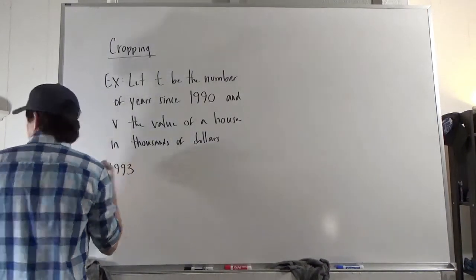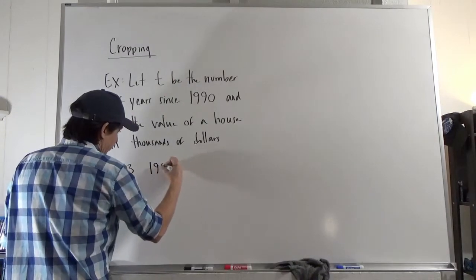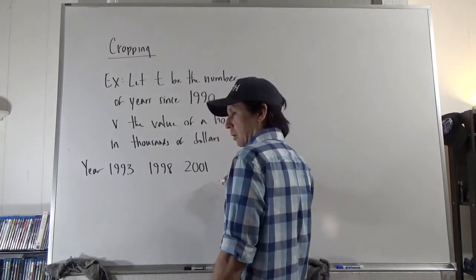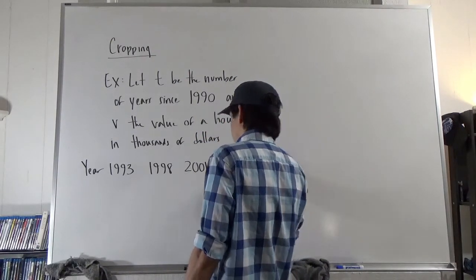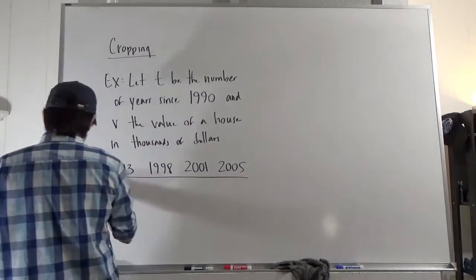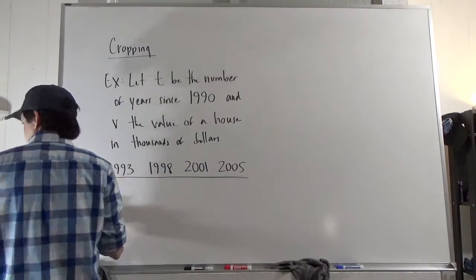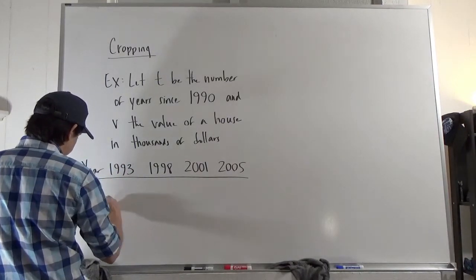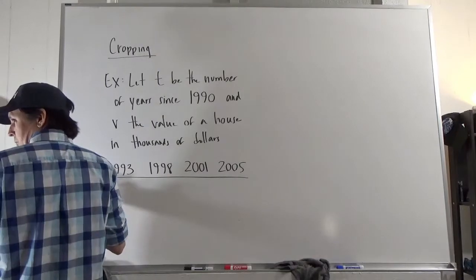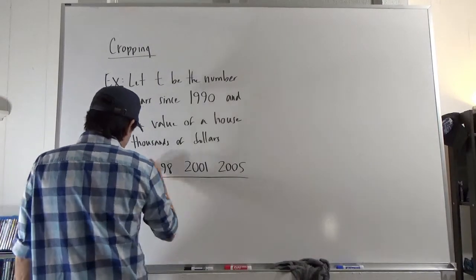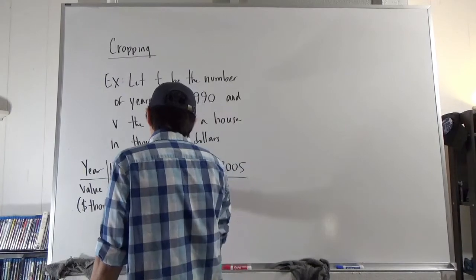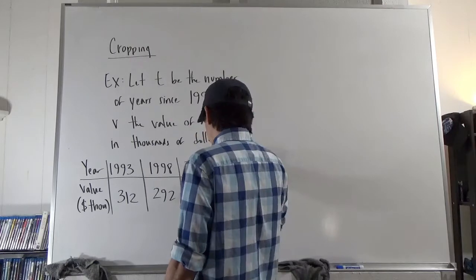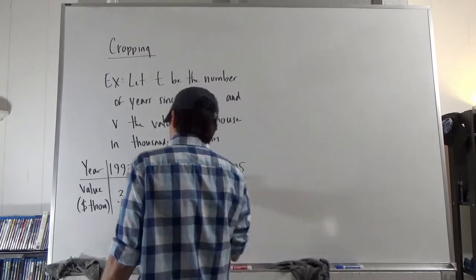Year: 1993, 1998, we'll keep it short, just to illustrate this general point, 2001, and 2005. Value in thousands of dollars: it'll be 312, 292, it's declining in value for some reason, 284, and 281.